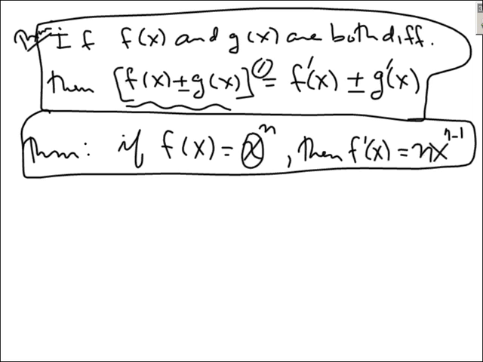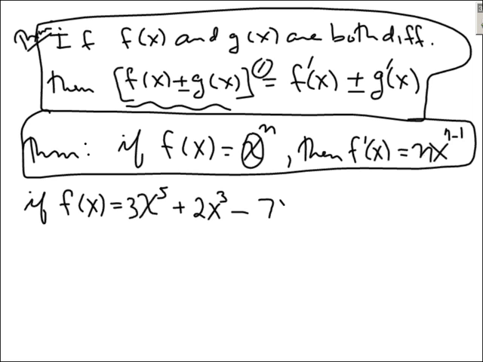So now, if somebody asks you, if f of x is equal to 3x to the fifth plus 2x cubed minus 7x, then find f prime of x.